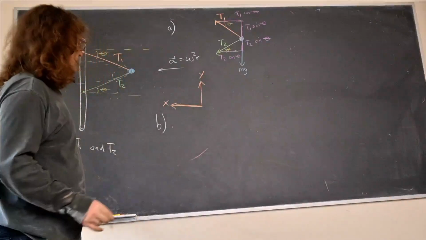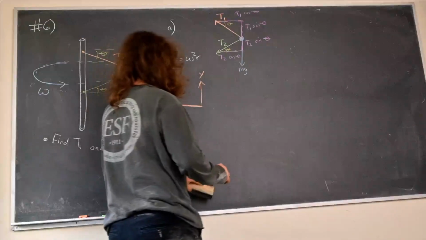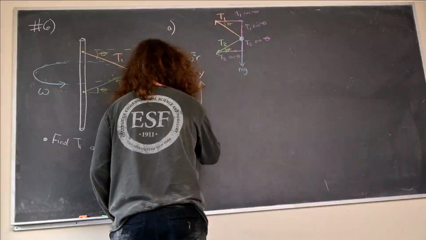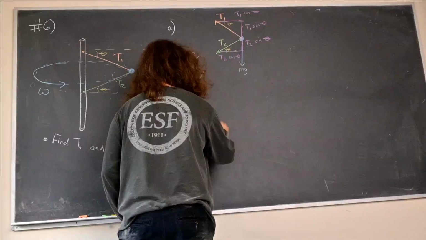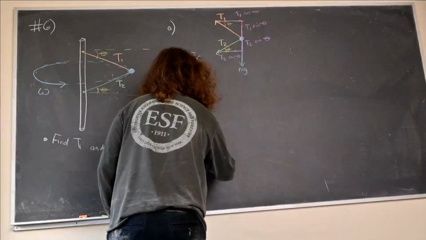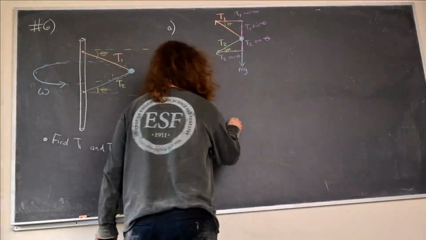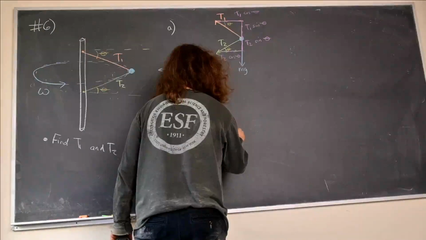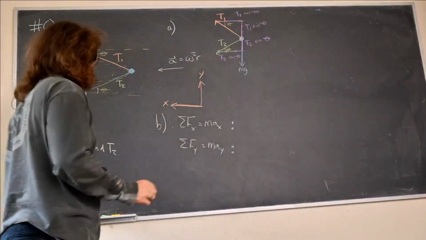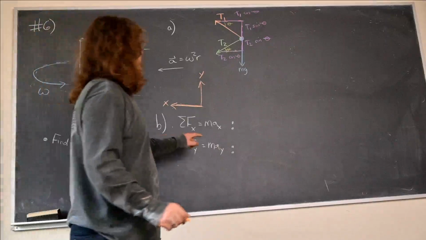So start with force diagrams, then write down Newton's laws in x and y. Sum of the forces in the x direction equals m a_x. Sum of the forces in the y direction equals m a_y. Here we just read them off.